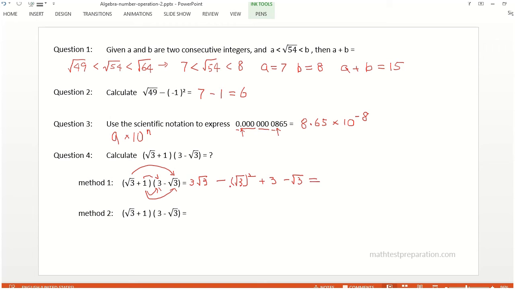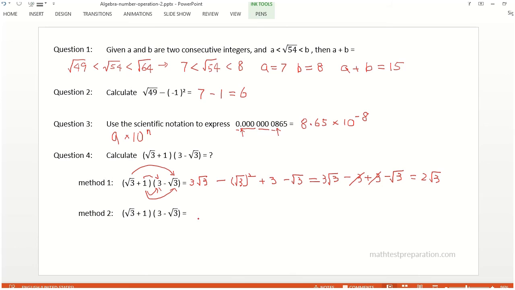So this should be 3 times square root 3 subtract square root 3 square, which is 3, and plus 3 and subtract square root 3. Negative 3 plus positive 3 equals 0. 3 times square root 3 subtract square root 3 is 2 times square root 3.